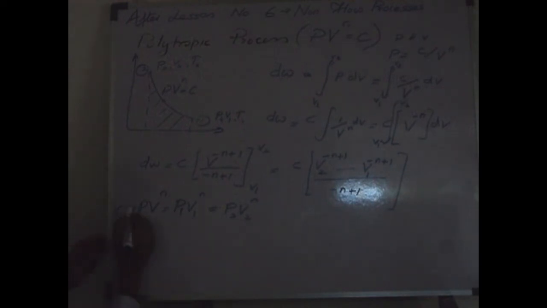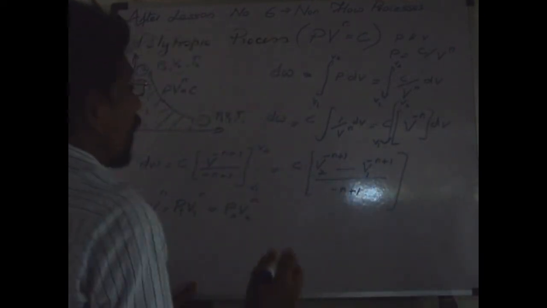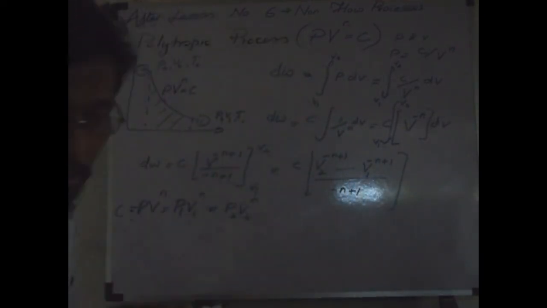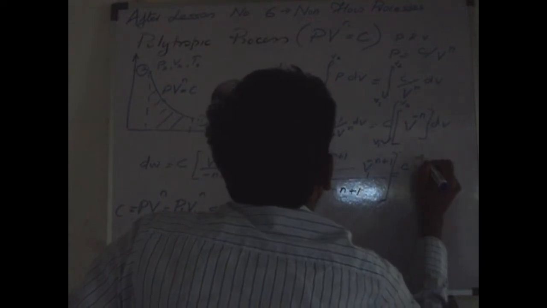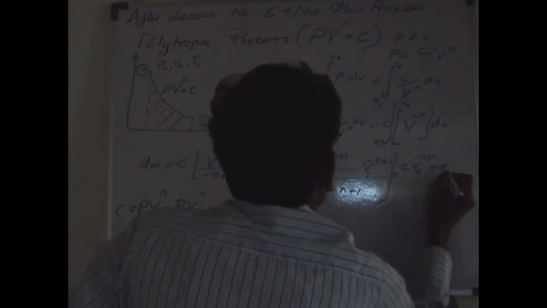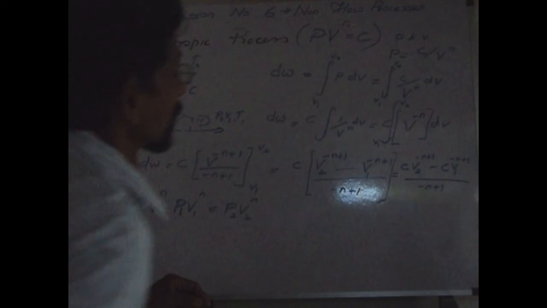All are constant, so P V to the power n, P1 V1 to the power n, P2 V2 to the power n, all are equal to C. Then instead of C, you can write it like this: C times V2 to the power minus n plus 1 minus C times V1 to the power minus n plus 1, divided by minus n plus 1. Only thing is we remove the brackets. That's all.